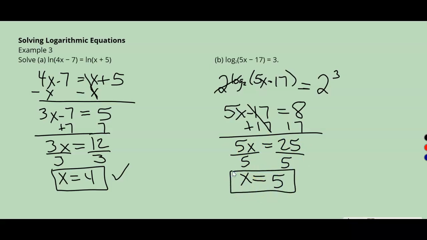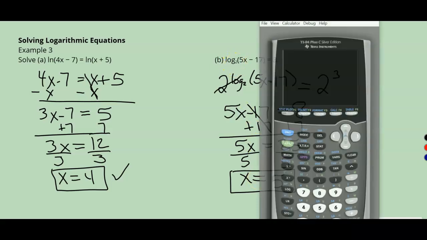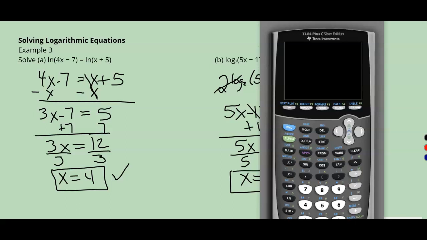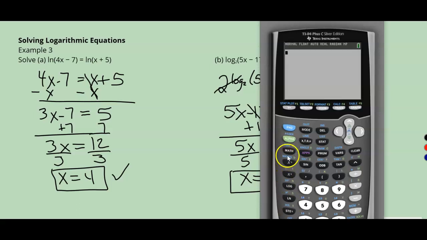Again, we want to check that, so plug it in to check it. So we're going to say 5 times 5 is 25. 25 minus 17 is 8. So what is log base 2 of 8? You can evaluate that very quickly. Knowing your properties of exponents, you probably already know that, but it doesn't hurt to double check.